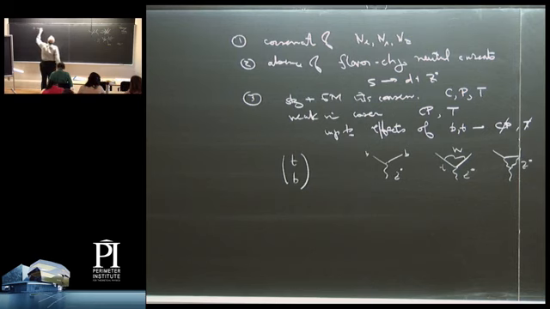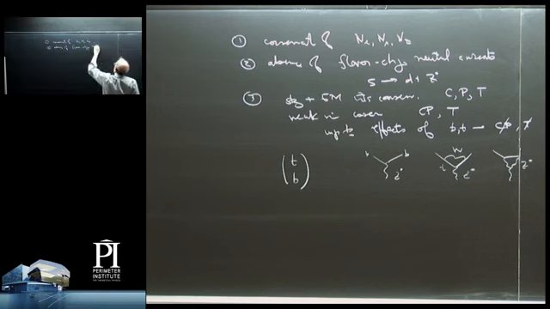The conservation of the electron, muon, and tau number as separate quantities. The absence of flavor-changing neutral currents. For example, S to D plus Z0.